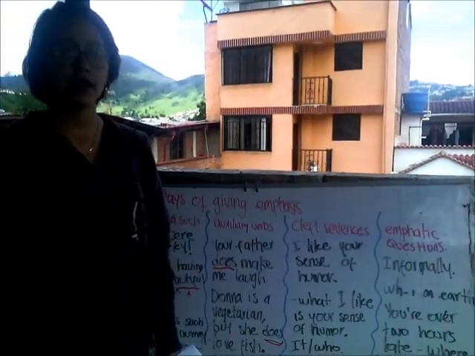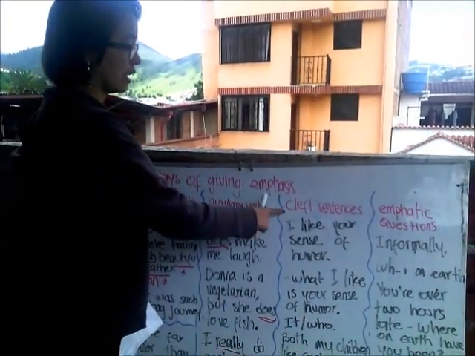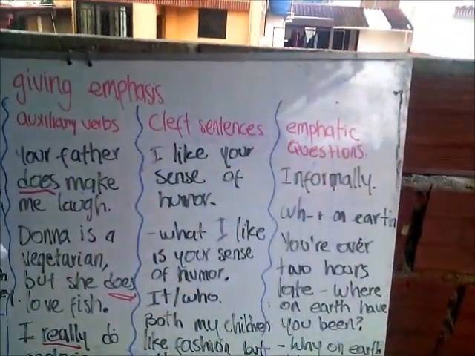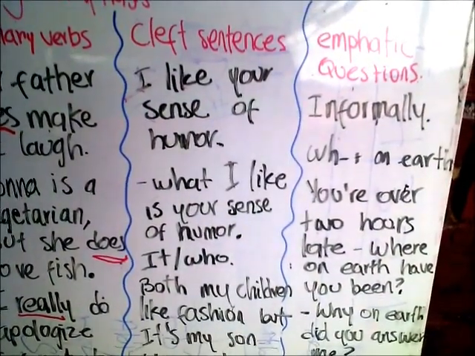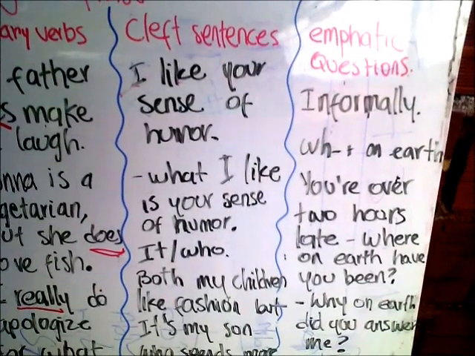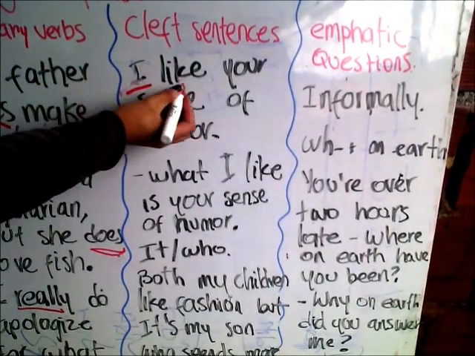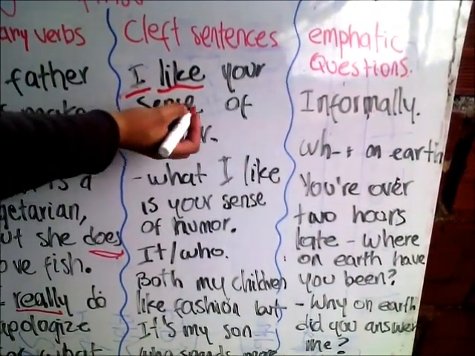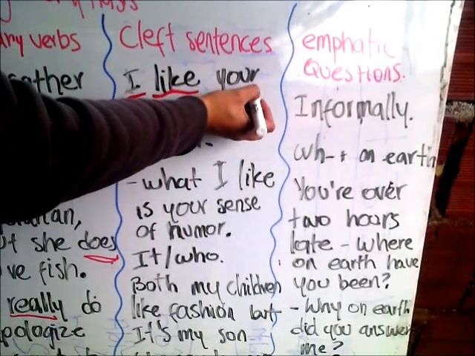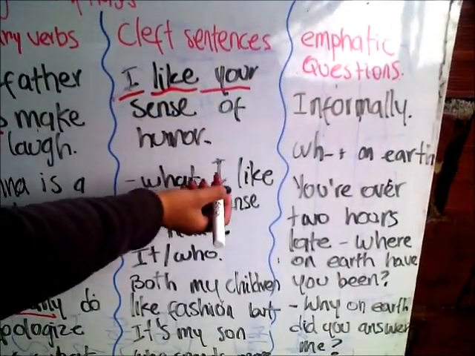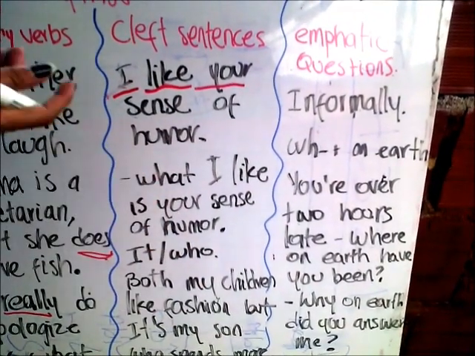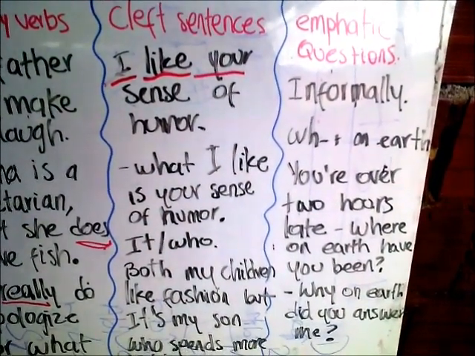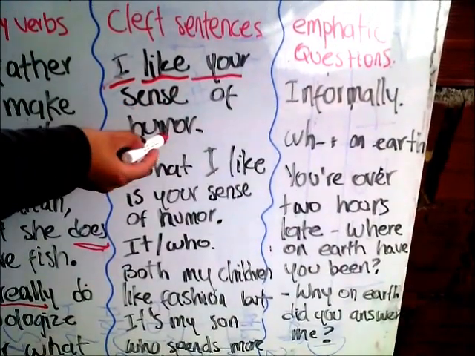We also have the use of cleft sentences. For example, as we know, the order of a sentence in English is subject, verb, object, plus adverbial, plus complement. For example, I like your sense of humor.